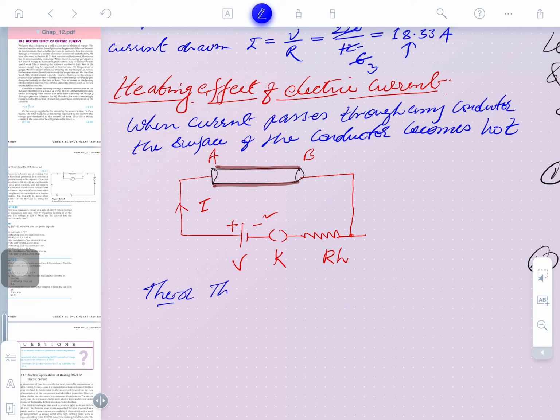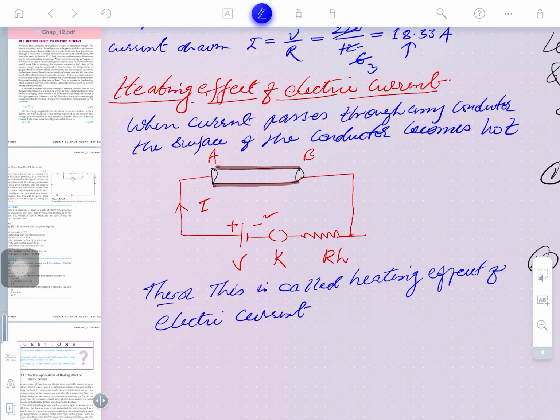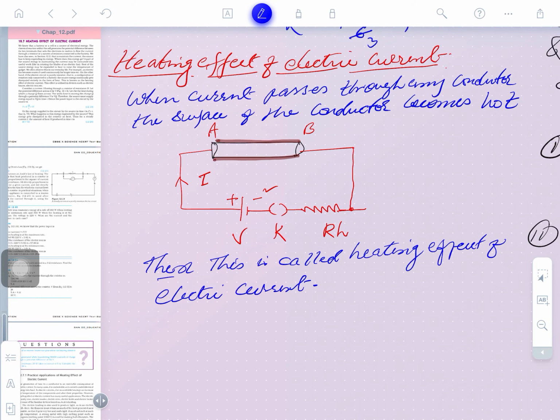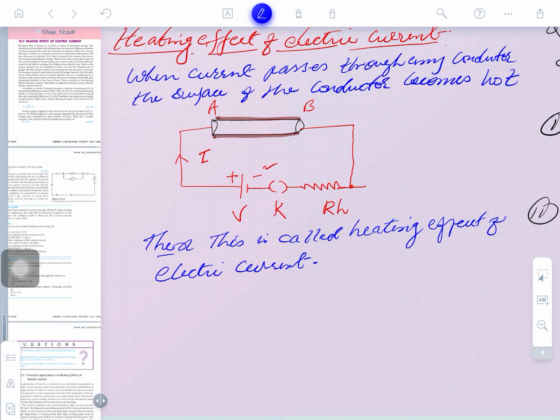This is called the heating effect of electric current, heating effect of electric current, that is, this is positive, this is negative.